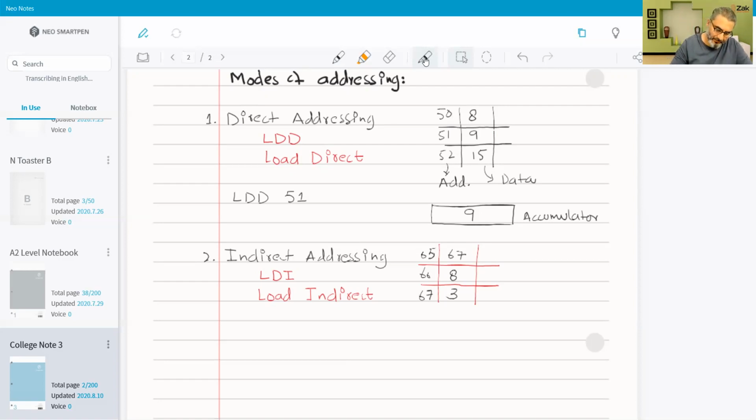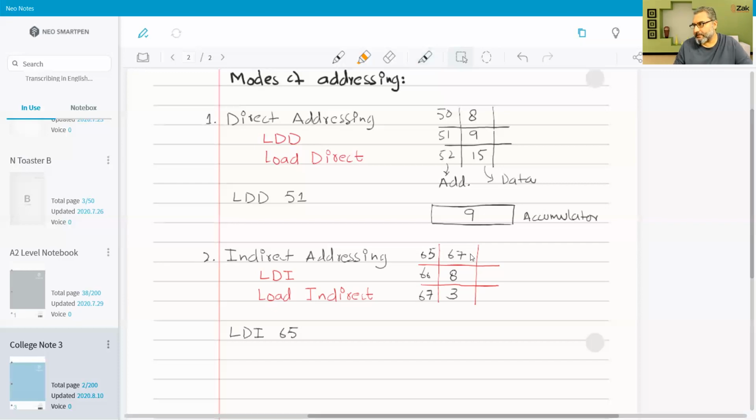Let's say I execute this command LDI 65. System will go to 65. At 65, it will see that the address is 67. The data is 67, but this is not the data which is required. This is indirect. So system will now go to this particular address 67 and find the data.